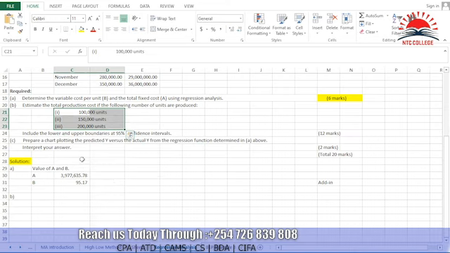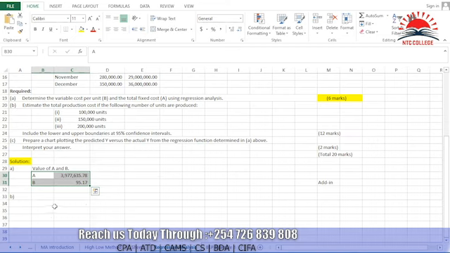So who remembers how we compute the total cost of a given number of units? When you have A and B, you can get the total cost of producing any quantity.